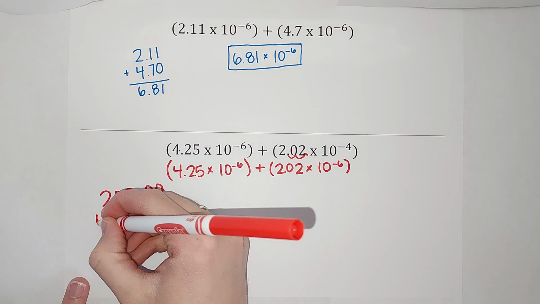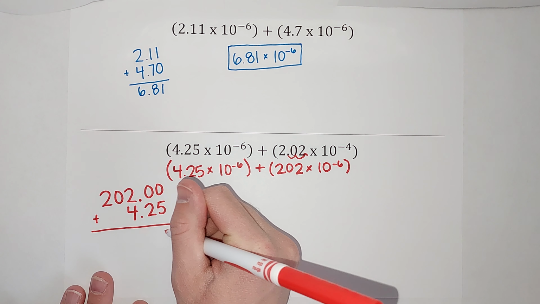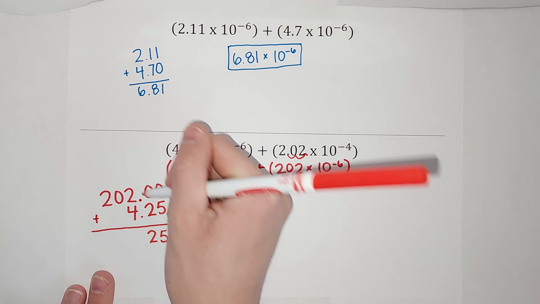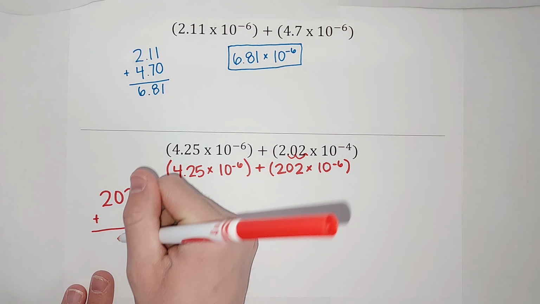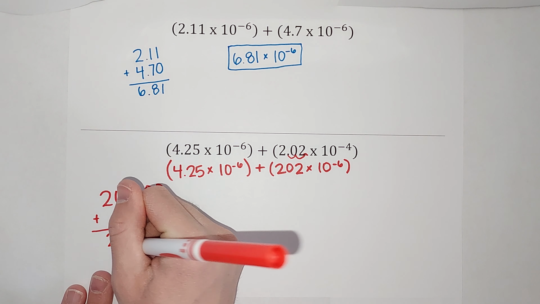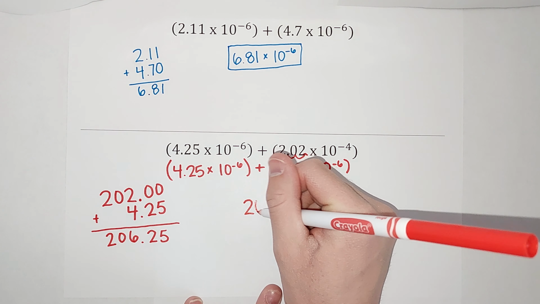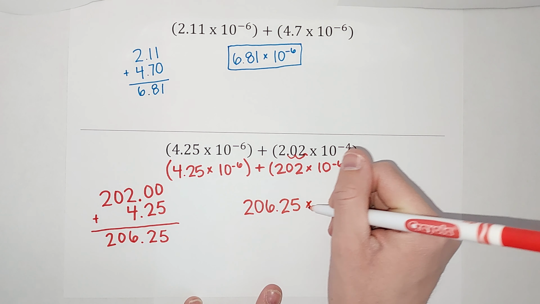Okay, I'm just adding these. So I get 0 plus 5 gives me 5. 0 plus 2 gives me 2. Drop my decimal down. 2 plus 4 gives me 6. 0, 2. Okay, so I get 206.25 times 10 to the negative 6th.